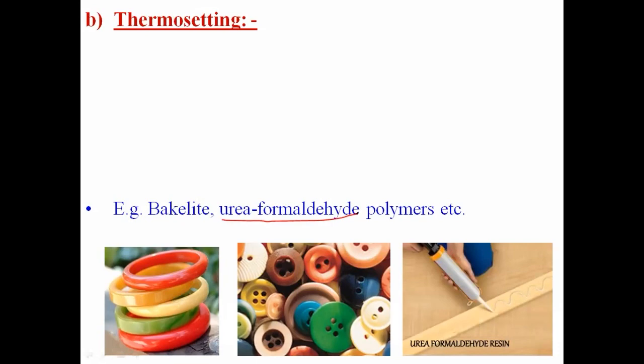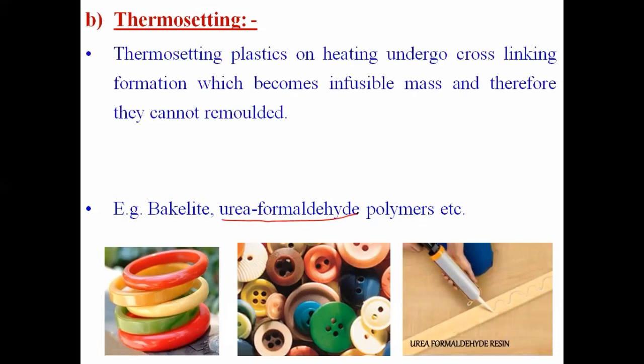Now let us see what is meant by thermosetting. Okay, thermosetting is a plastic which on heating undergo cross-linking formation and which becomes infusible mass. Means after heating it becomes infusible mass and therefore it cannot be remolded. आपण मागचं एक्झाम्पल बघितलं होतं thermoplastic.